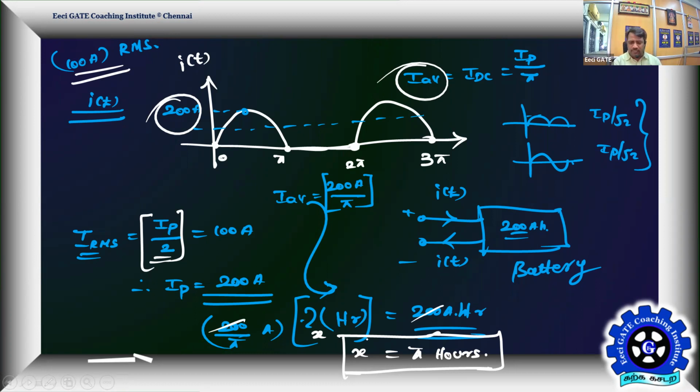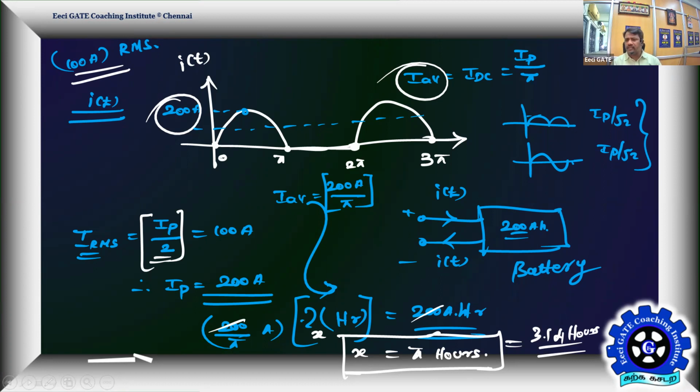So you can go for the time. If the time is pi hours, pi is 22 by 7, hope you remember, that is 3.14. So the answer is 3.14 hours. Just multiply 200 into 200 by pi into pi, which is automatically 200 Ah.